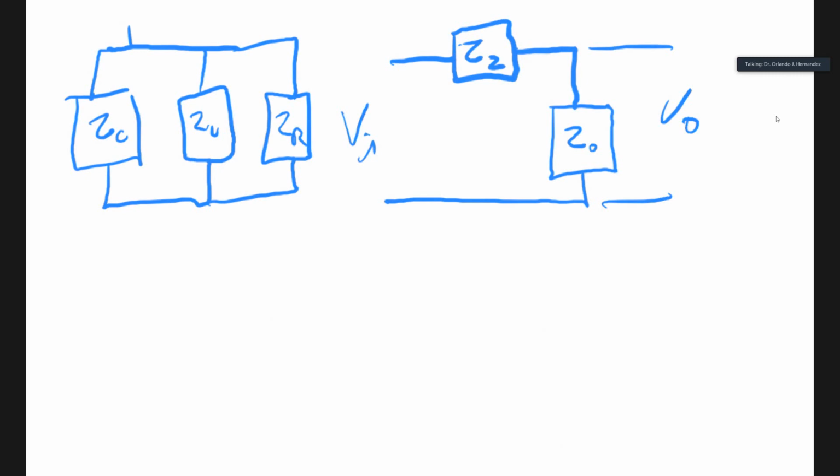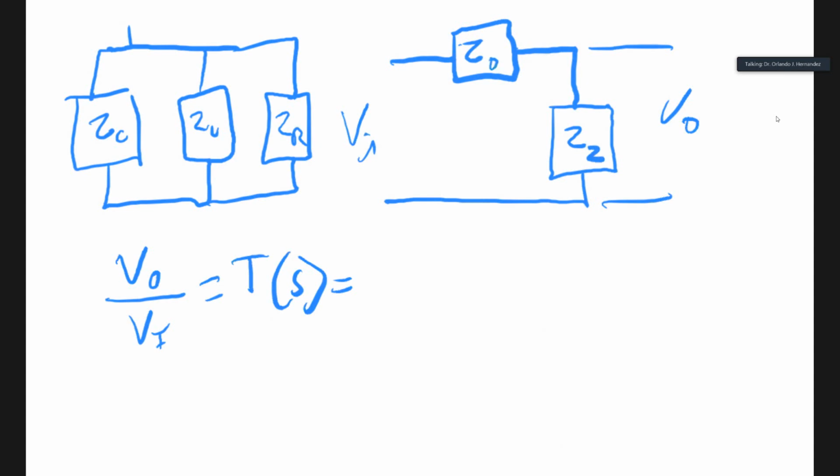So V out over V in, which is also my transfer function, is going to be, sorry, I got this two mixed up. This is my zero, let's call it other here.